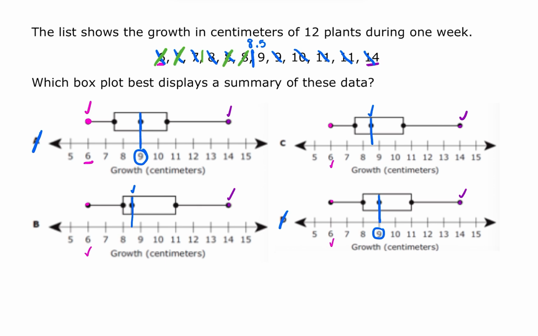So I have 2 marked out on each side, so my median's technically going to be between 7 and 8, which is 7.5. Again, you could add and divide by 2. So that means I need this side of the box. So that is Q1. That one's an 8, and that one would be a 7.5. So my answer would be C.